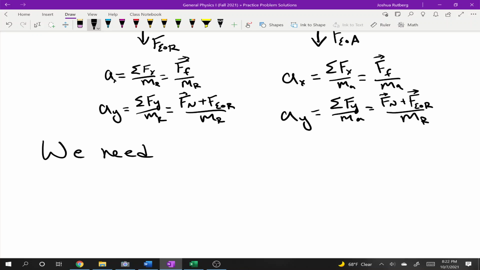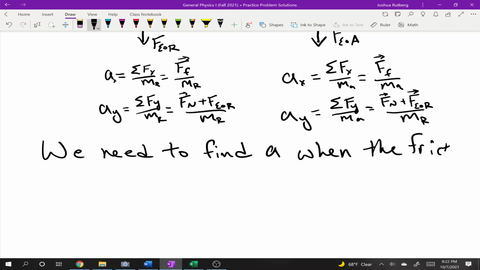So we need to find the acceleration when the friction component is at its maximum.